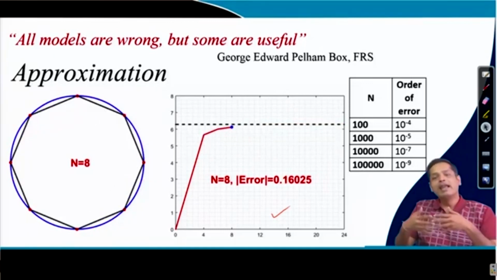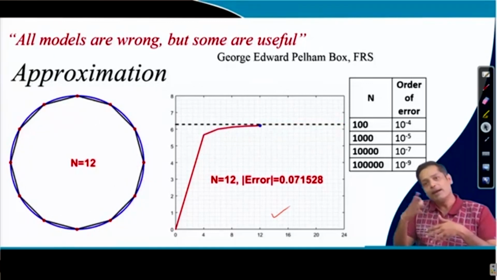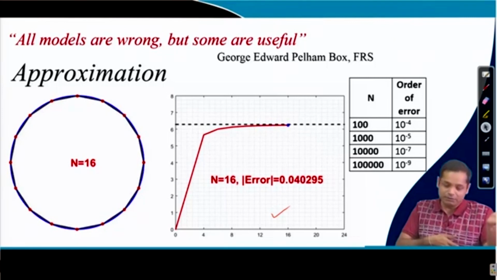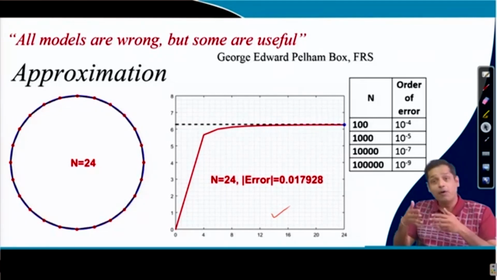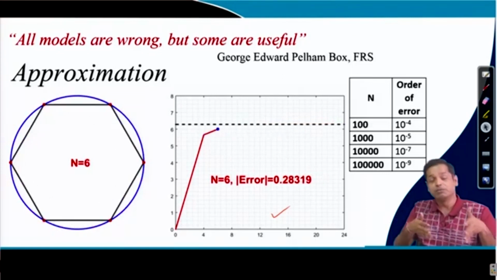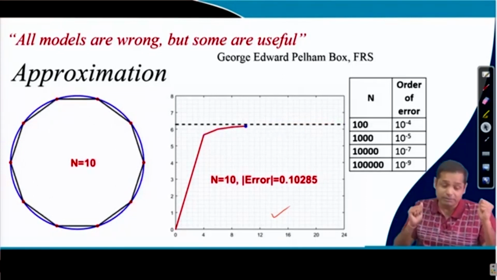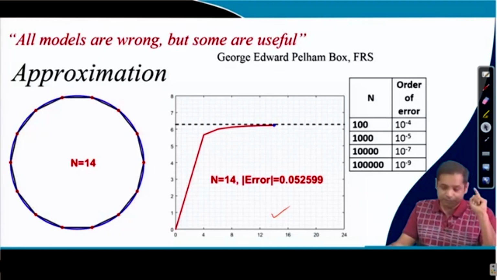We add the area of all squares to get the area of the shape, and we add the lengths of all segments to get the circumference. This is one thing.